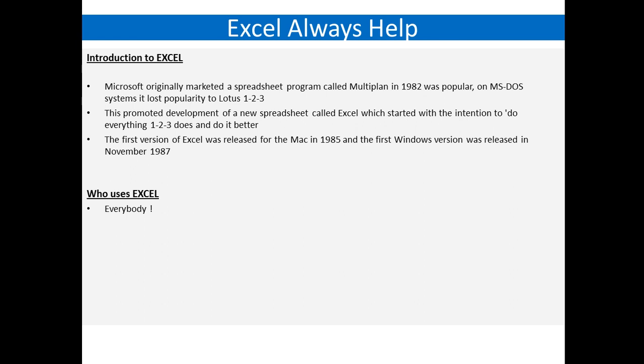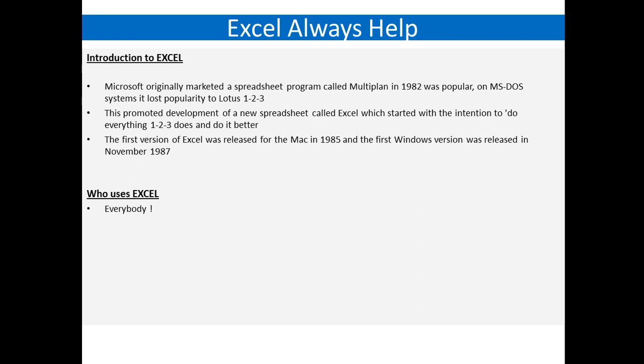Microsoft originally marketed a spreadsheet program called Multiplan in 1982, and it was popular, but it just lost out to Lotus 1-2-3, which was for MS-DOS based systems. So this prompted Microsoft to create a new spreadsheet, and they called it Excel.